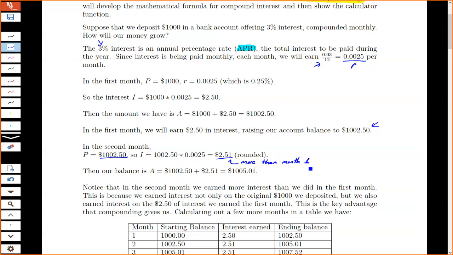The reason that it's more is because I'm taking a percentage of a slightly larger balance. So for the end of the second month, I take my starting balance for that second month, add the interest, $2.51, and now I have $1,005.01. This is the amount at the end of month 2.